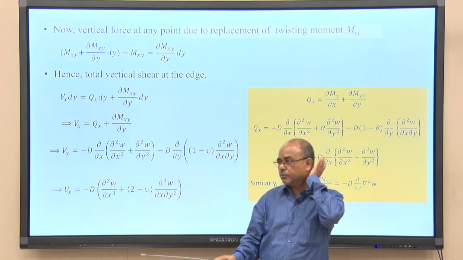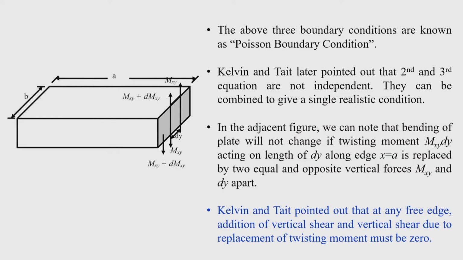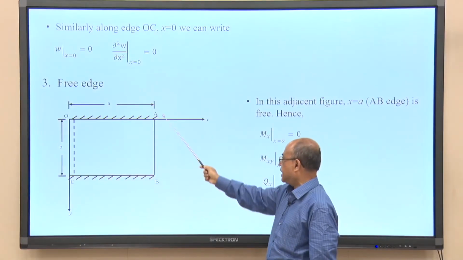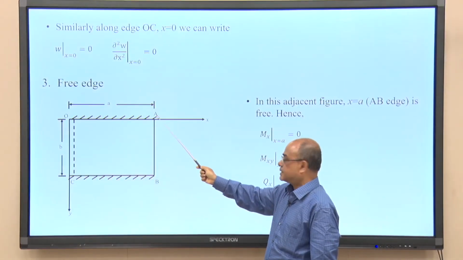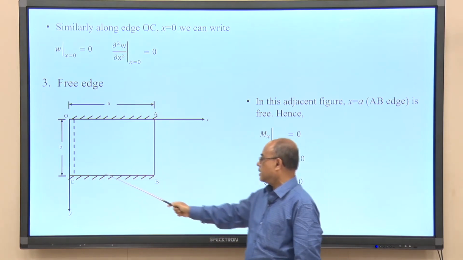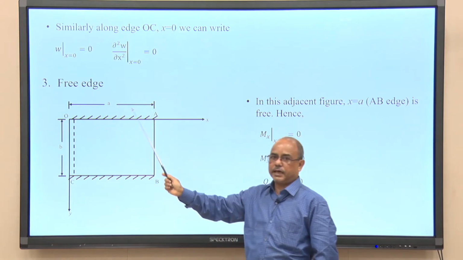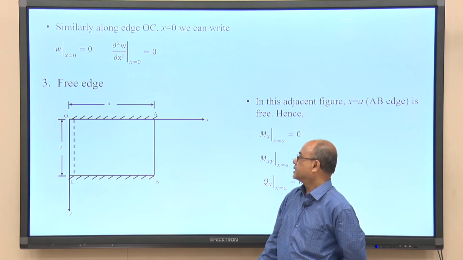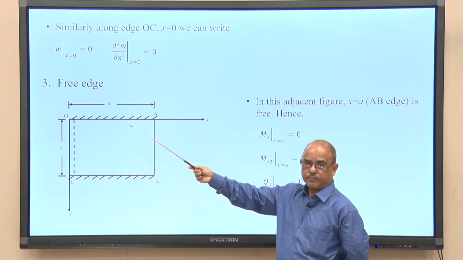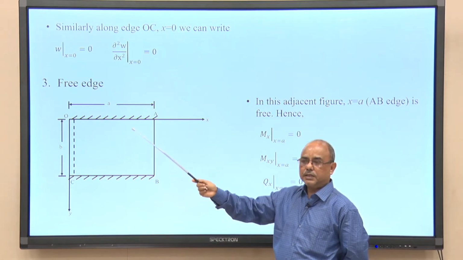If, for example, we want to find out, in the previous case, let me show the figure. Say this is the free edge that I have taken, a b, where the x coordinate is constant, x is equal to a. For example, if O A is free instead of a clamped edge, suppose O A is free, then we have to write at y is equal to 0, S shear V y is 0.